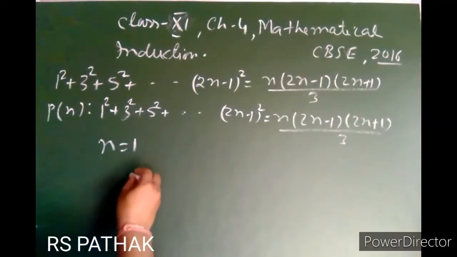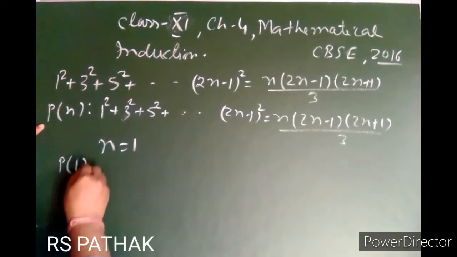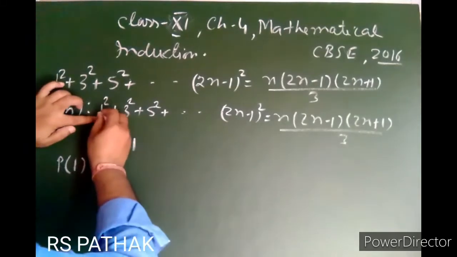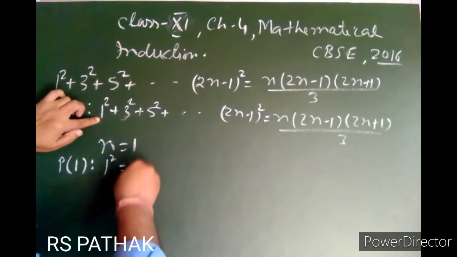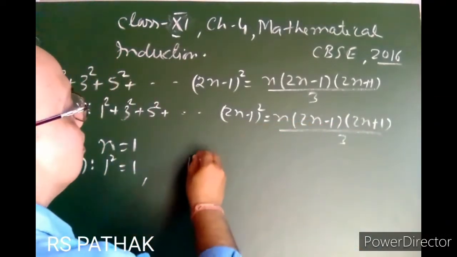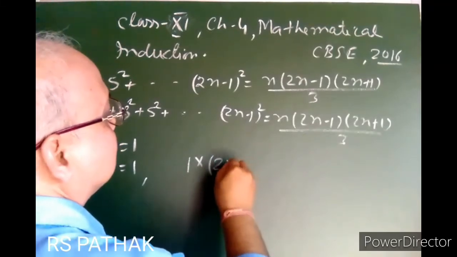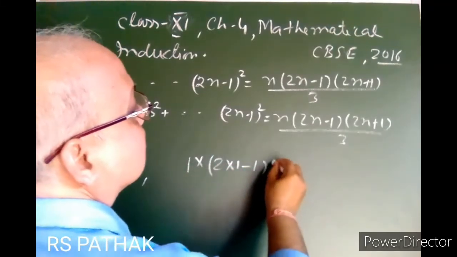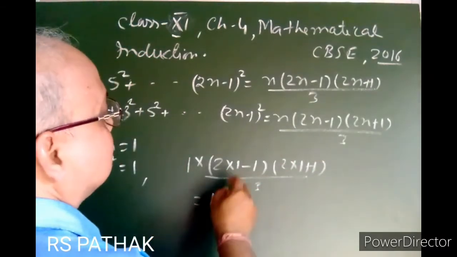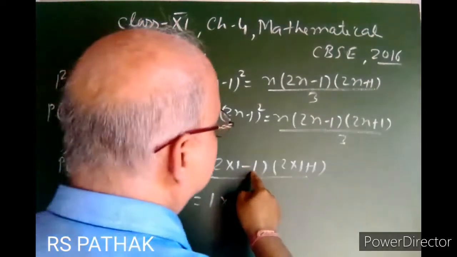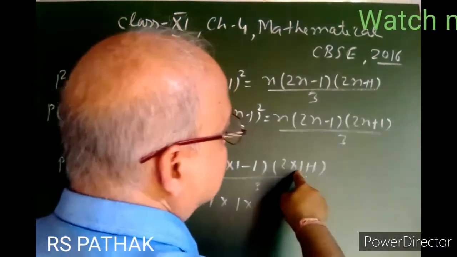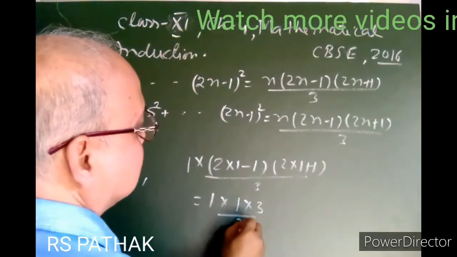For n equal to 1, we will prove P1 for the first term. First term means 1 square, which equals 1. Putting n equal to 1 in the right hand side: 1 into (2 into 1 minus 1) into (2 into 1 plus 1) upon 3, which is 1 into 1 into 3 upon 3.